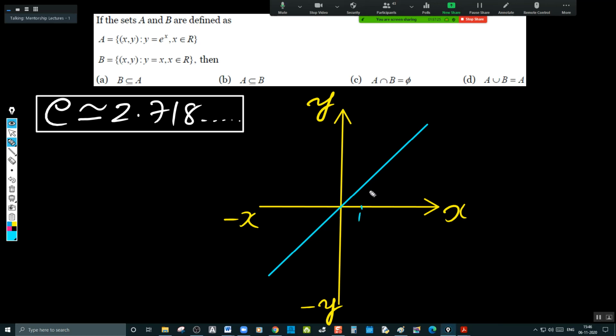That is, if this is 1, this is 1. That means (1, 1) lies on the line. Similarly, (2, 2) lies on the line. Do you understand what I'm saying? Similarly, if you take (3, 3), (3, 3) lies on the line.